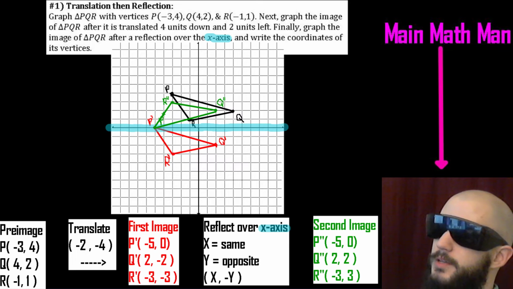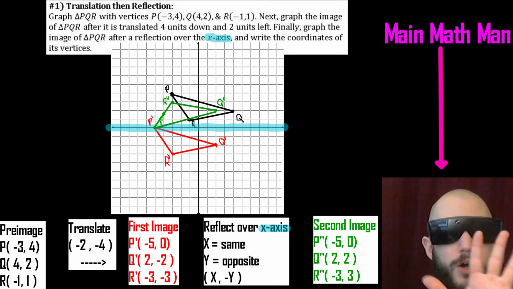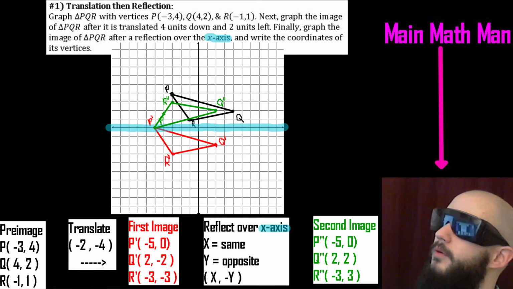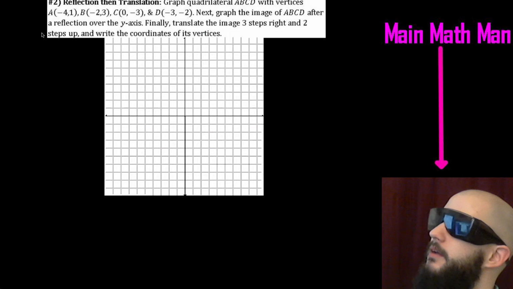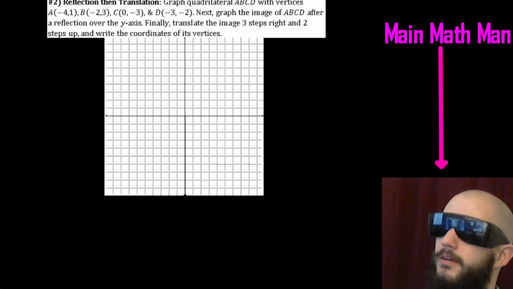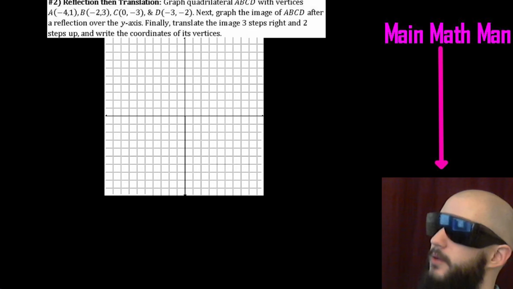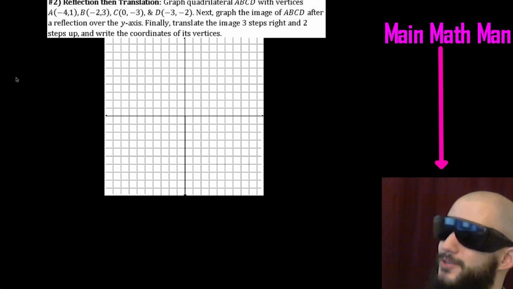So now, still just like your hand, there's always a back, and so we flip to the back, and so for that second one, it reads like this. The reflection, then a translation.